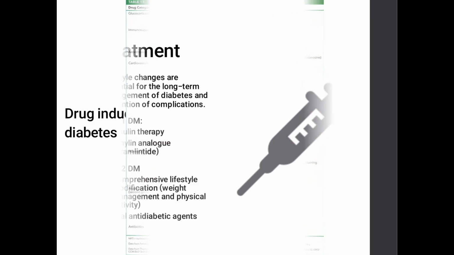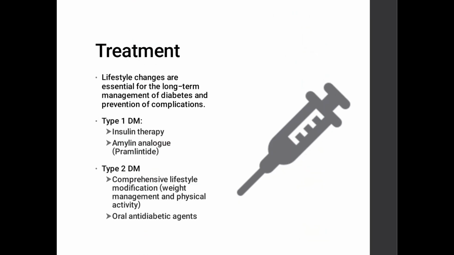Let's carry on. The treatment depends on the type of the diabetes, if it's type 1 or type 2. Type 1, since we have a deficiency in the insulin, we go directly to insulin therapy. Okay, but in type 2, the most important part is lifestyle modification.